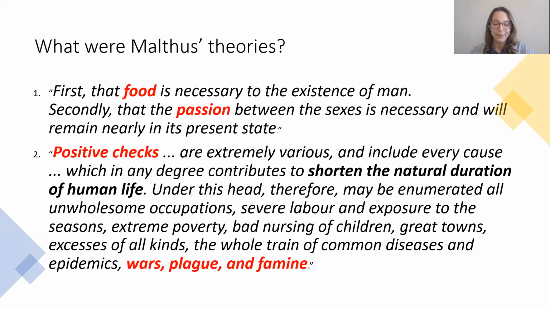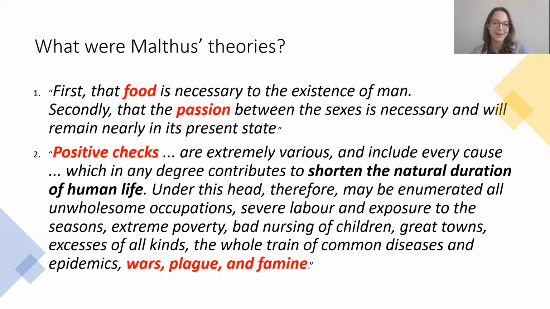So what did he advocate for? He advocated for something that are called positive checks. Now, these could happen naturally by way of plagues or famines. So these would be events that would shorten the natural time span of human life or the expectancy of human life. This could also happen through wars. But he also talked about preventive checks.